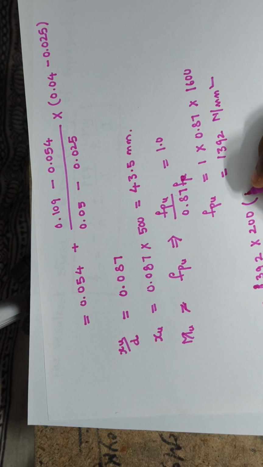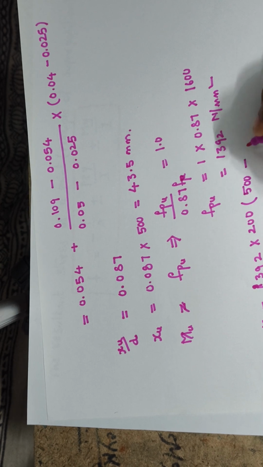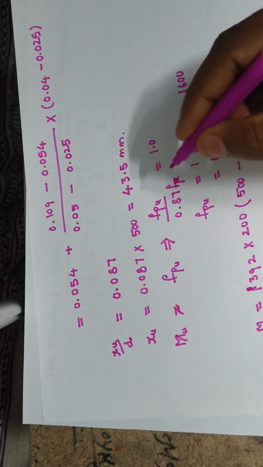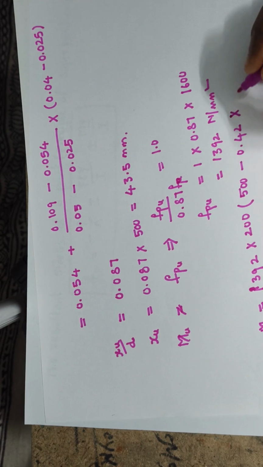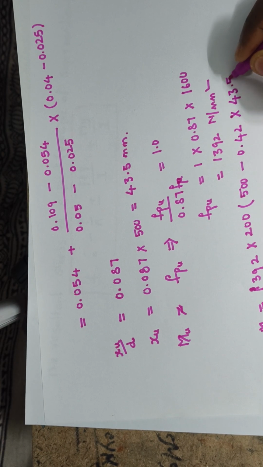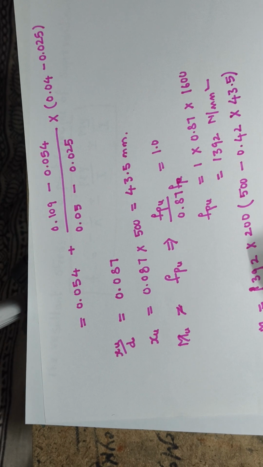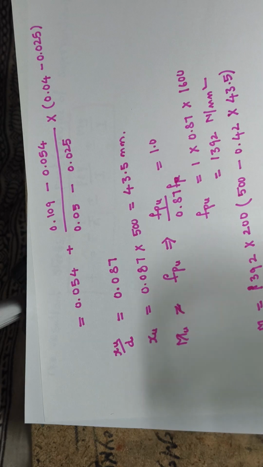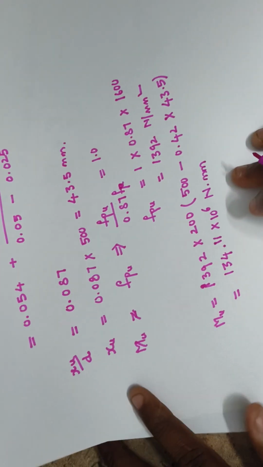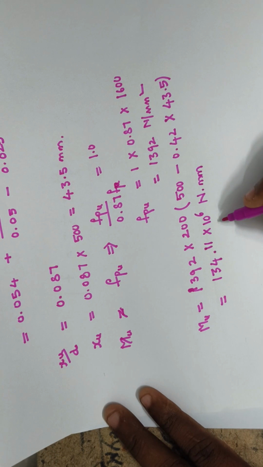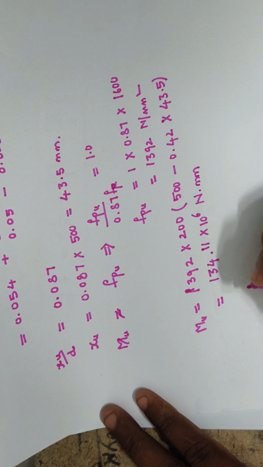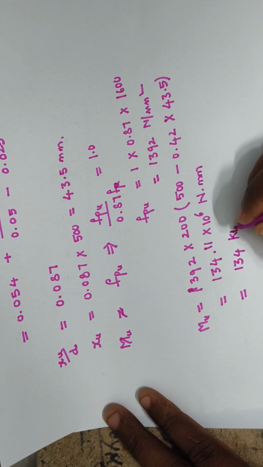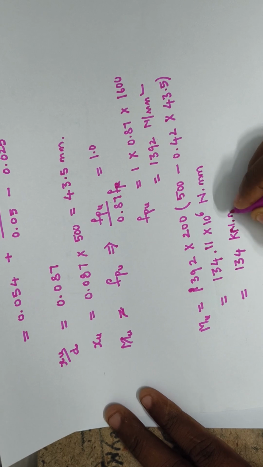What is the D value? D is 500. What is the XU value? The XU value is 43.5. Now, what is the value of this one? This value will be 134.11 into 10 to the power of 6 Newton mm. We can also write it as 134 kilonewton meter.